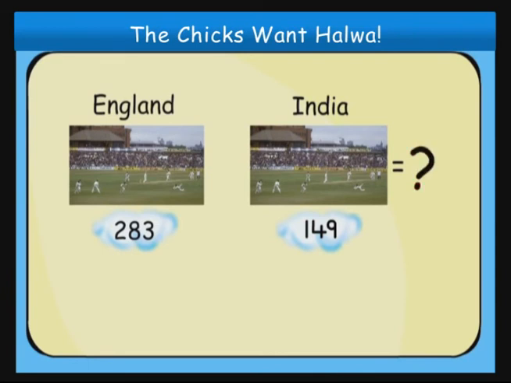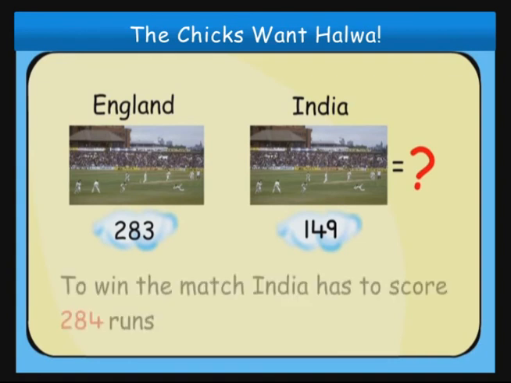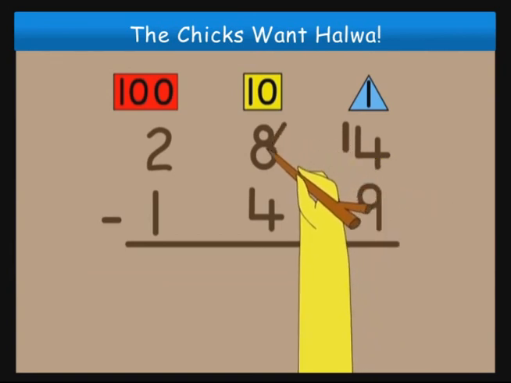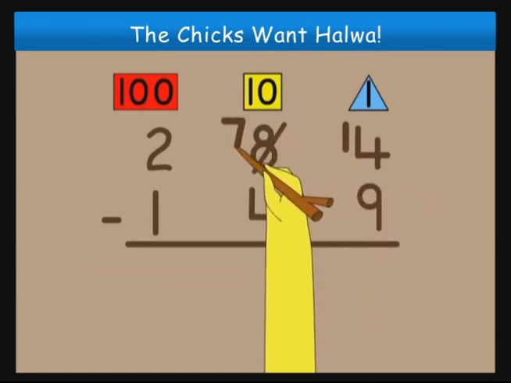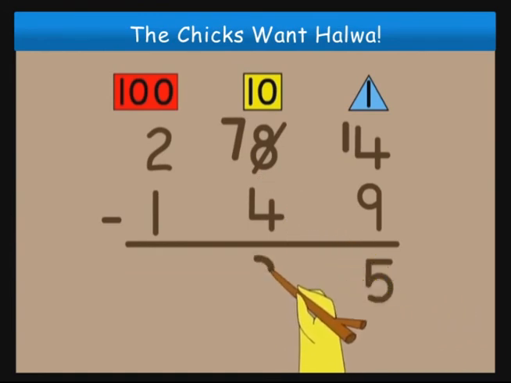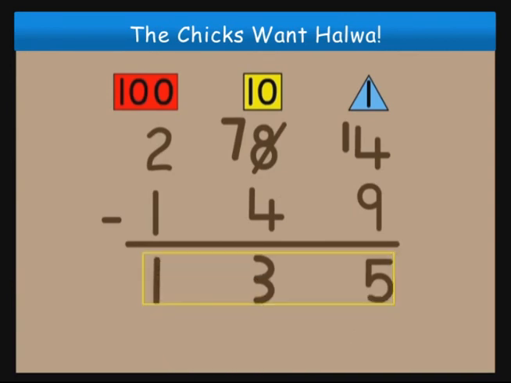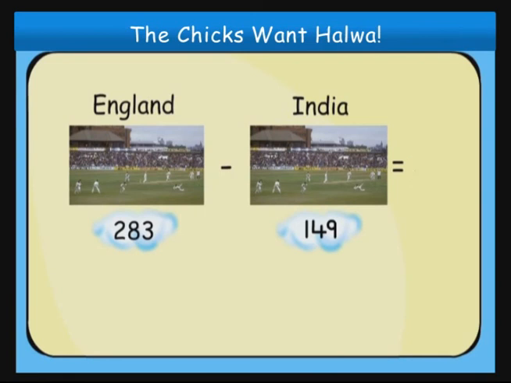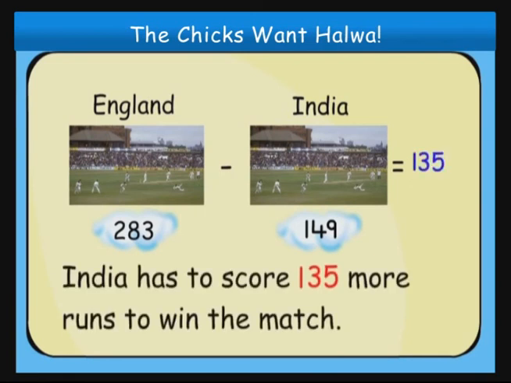How many more runs should India score to win the match? 135. India has to score 135 more runs to win the match.